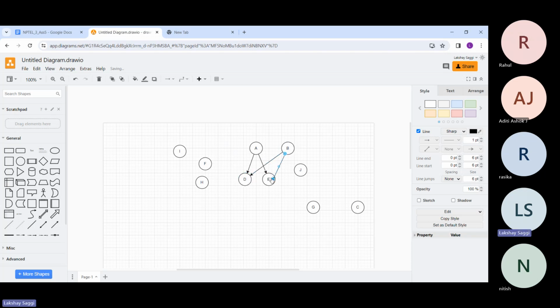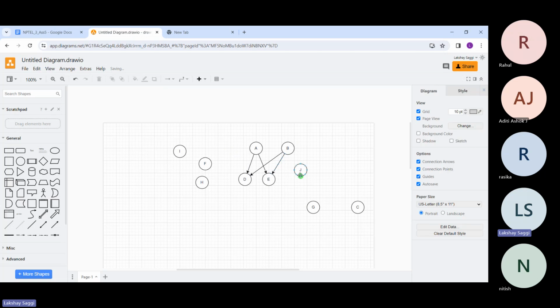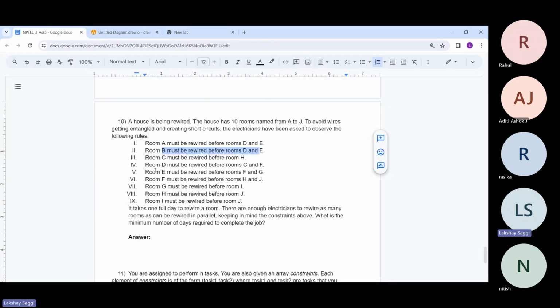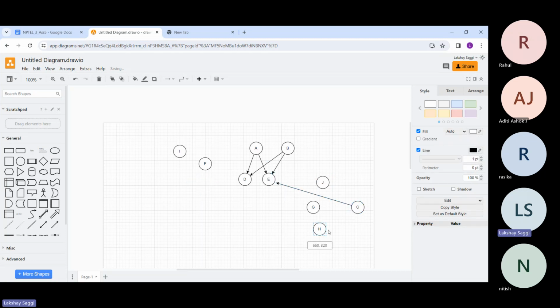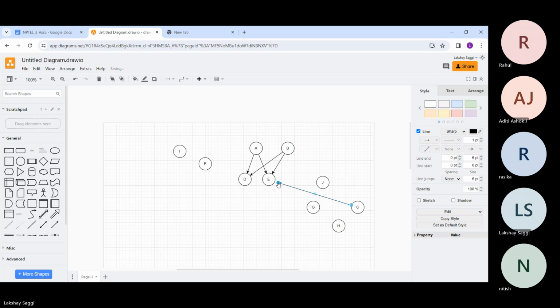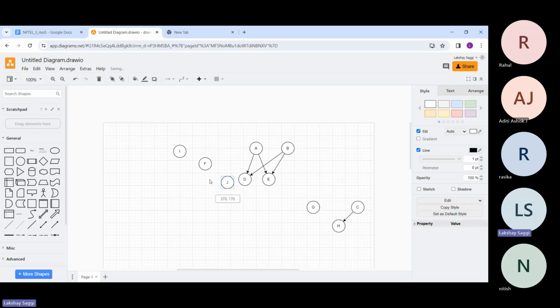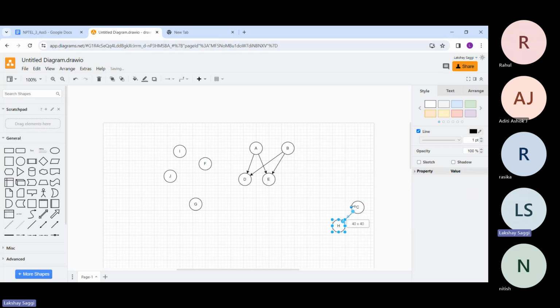So B should also be rewired before D and E. And now the third constraint is room C must be rewired before room H. So this is C and this is H. So maybe I can move these components aside and keep C and H here.